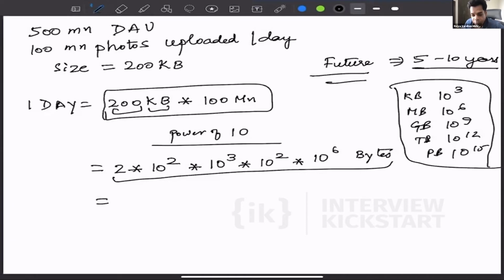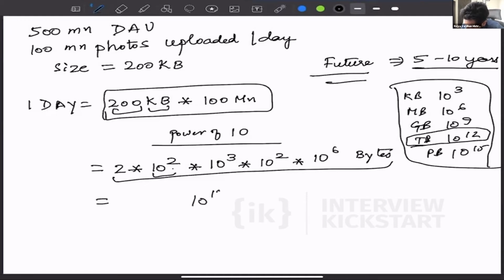In calculation we have to come to the closest lower power of 10. If we count the number of tens here, 2 plus 3 is 5, plus 2 is 7, plus 6 is 13. So 10 to the power 13. The closest one lower than this is 10 to the power 12.